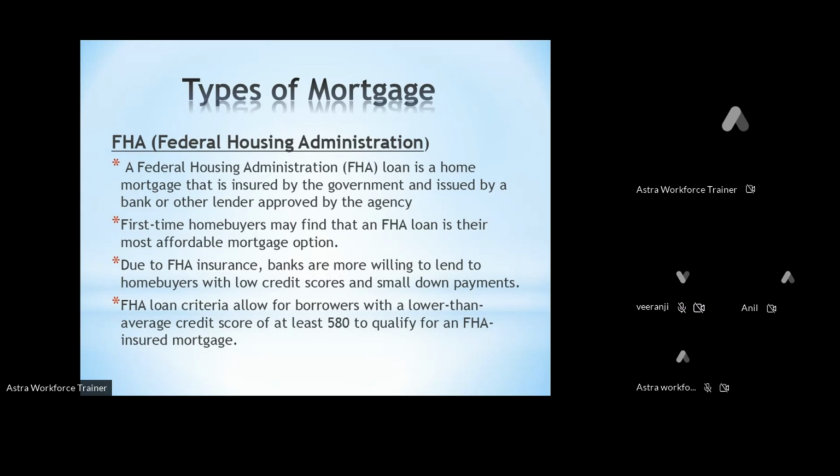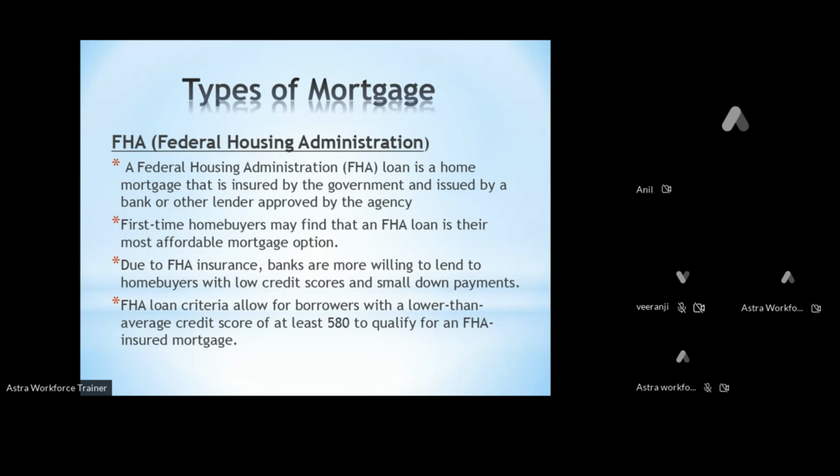FHA, Federal Housing Administration. A Federal Housing Administration loan is a home mortgage that is insured by the government and issued by a bank or other lender approved by the agency. First-time house buyers may find that an FHA loan is the most affordable mortgage option.